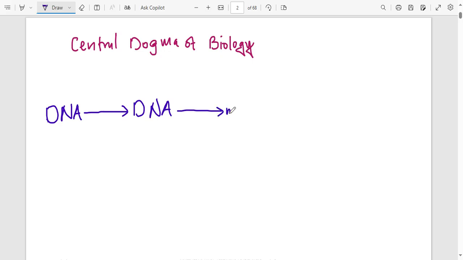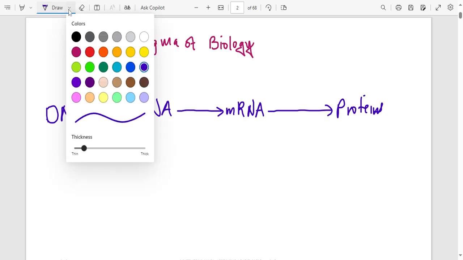To be specific, that is mRNA. And then the RNA can be converted into proteins. Okay. So this is what we call the central dogma of molecular biology. But then each stage here has got a name.